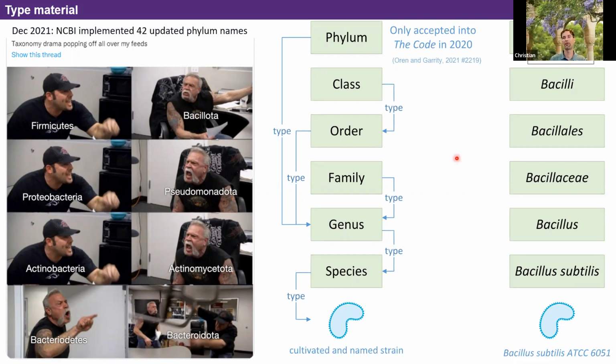That caused quite some uproar and arguments, because some of those names changed: Firmicutes to Bacillota, Proteobacteria, based on the type genus, are now Pseudomonadota, Actinobacteria now Actinomycetota, and Bacteroidetes are now Bacteroidota. Some of them are fairly easy to relate, like Bacteroidota. Others, like Bacillota and Pseudomonadota, are maybe a little bit more difficult.